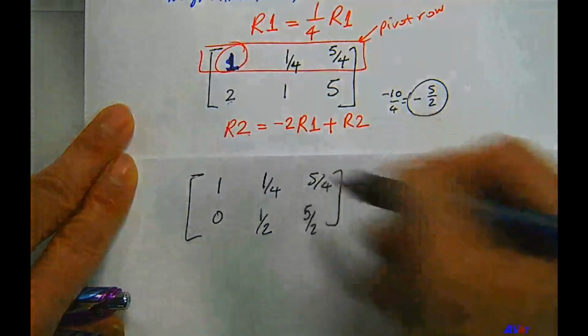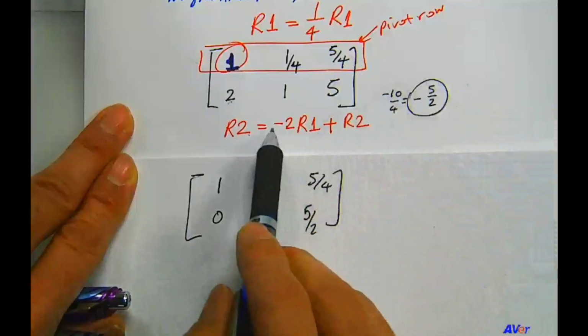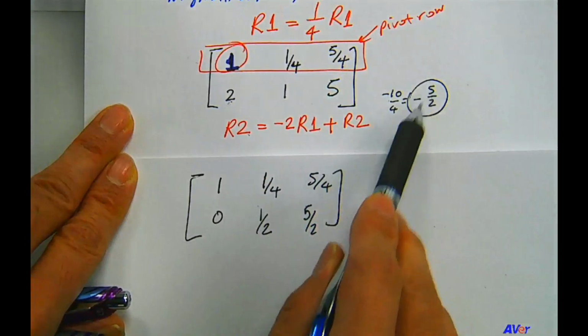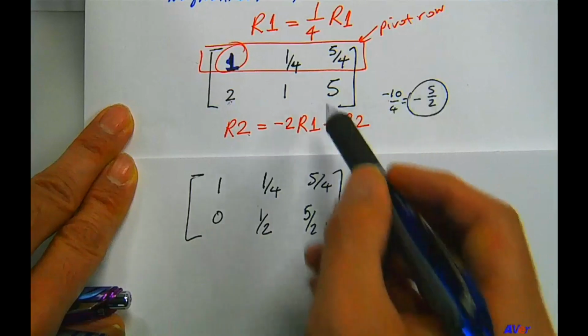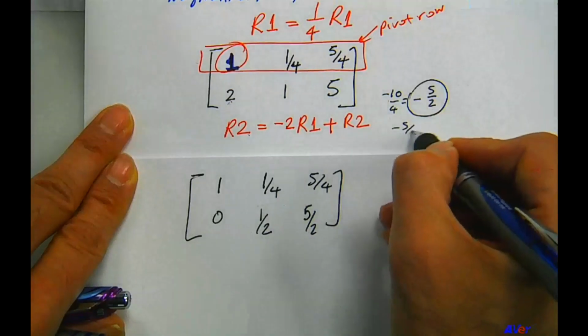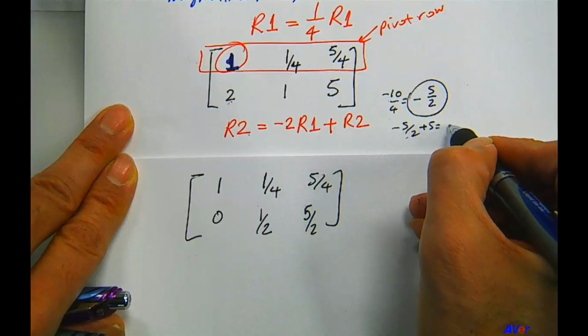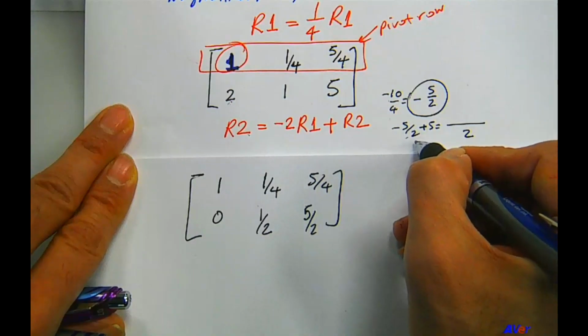Like that. If you don't want to do that, you can simply do minus 2 times this, which is minus 10 over 4. Simplify it to minus 5 over 2. Then add it to 5. So minus 5 over 2 plus 5. The common denominator is 2.